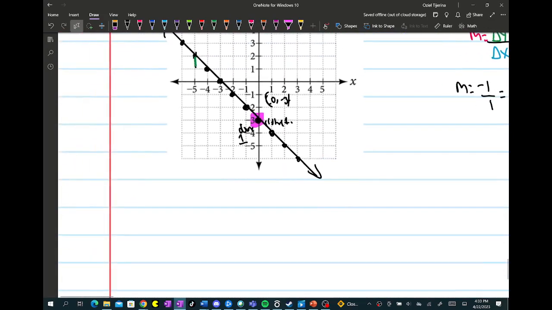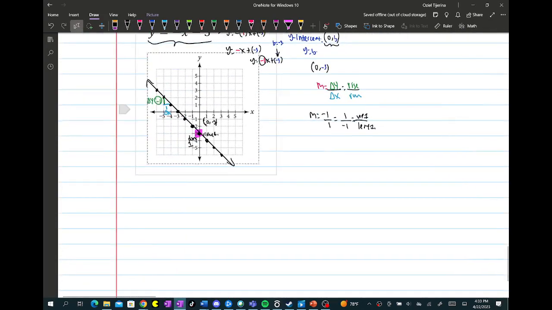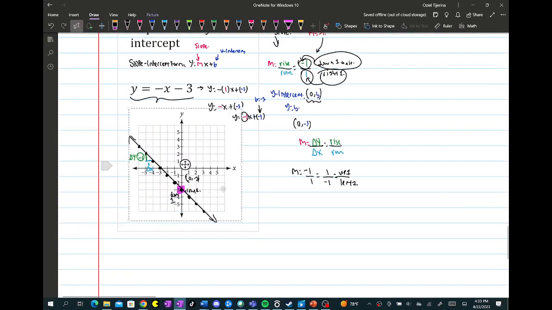We went down 1, so it goes negative 1 here, and to the right 1, which was 1 here. Again, change in y, which was negative 1, over change in x, which is right here. And we just keep following that pattern until we plot all the points and then draw a straight line, because this is a linear function.